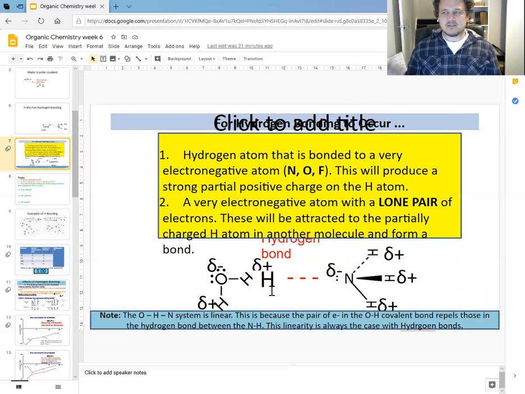The oxygen is bound to 2 hydrogen, so it gains 2 electrons. So these are attracted to the partially positively charged hydrogen atom on another molecule, and these form a bond.